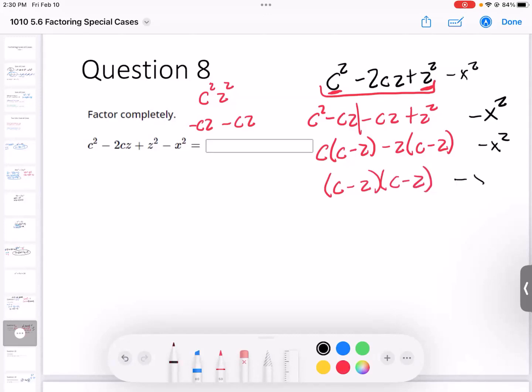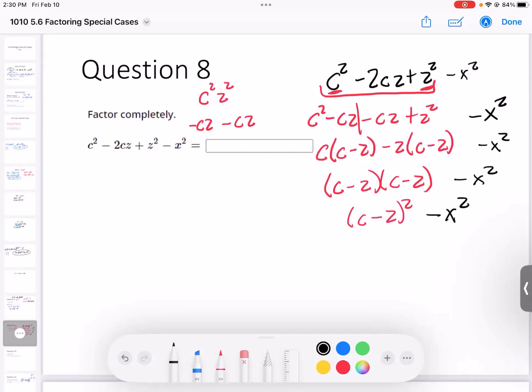I still have my minus x squared, but all of this stuff ended up factoring into two things that are exactly the same. And so that means I can rewrite this as c minus z squared minus x squared.